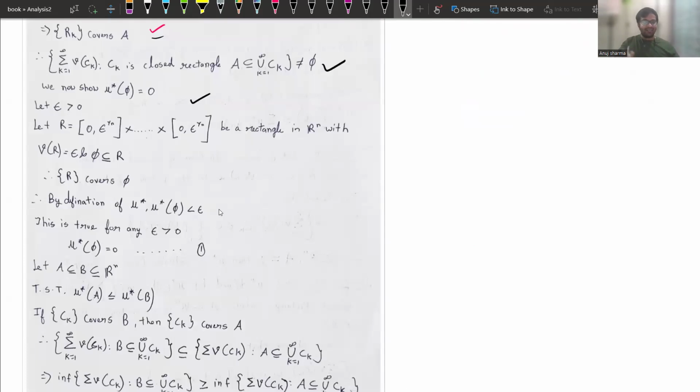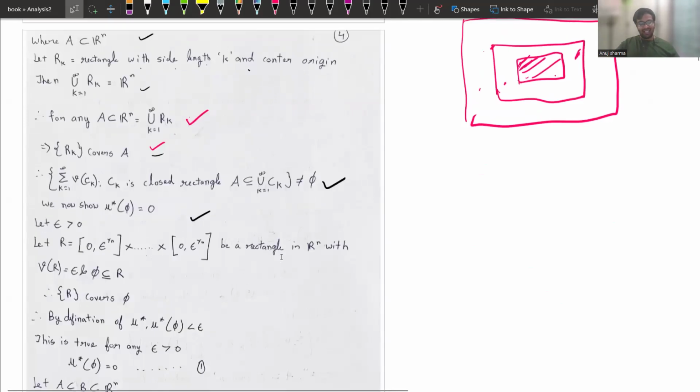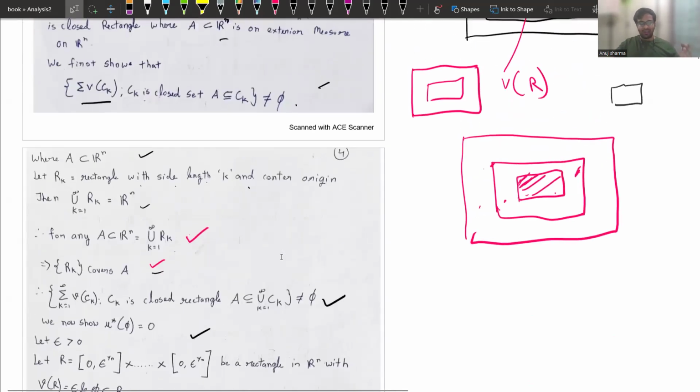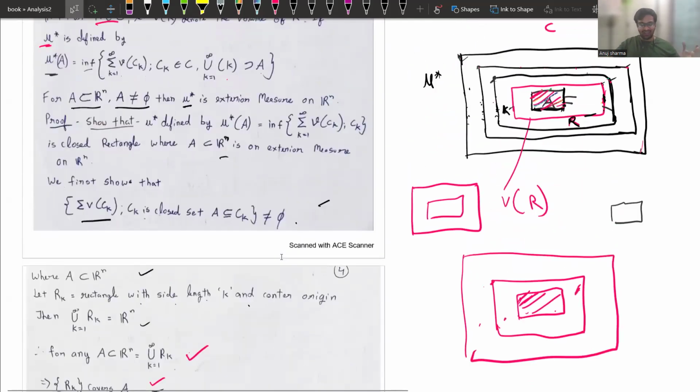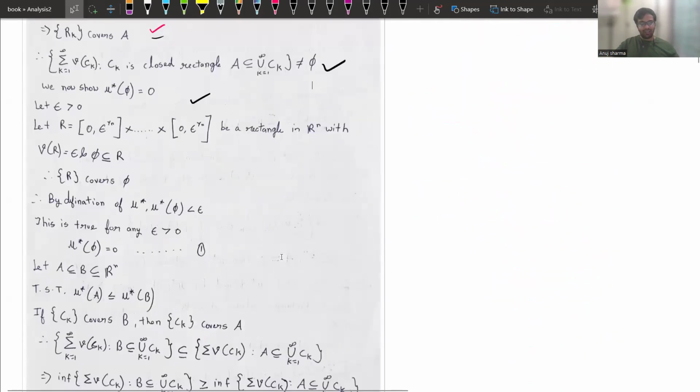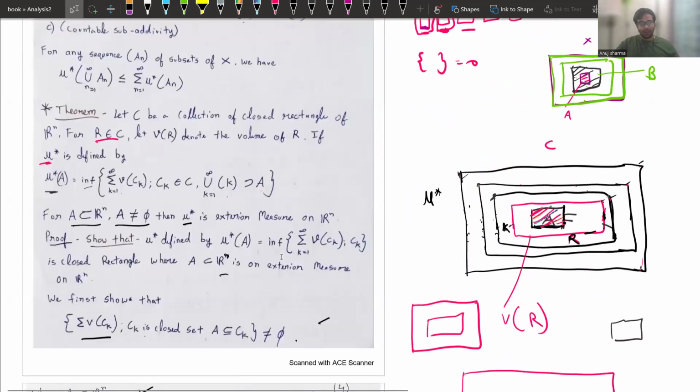Okay, now we understood that A has some measure. That's good. Now, how would you prove that the volume of this measure is, if A is an element of these rectangles, that it consists of a measure, mu star?